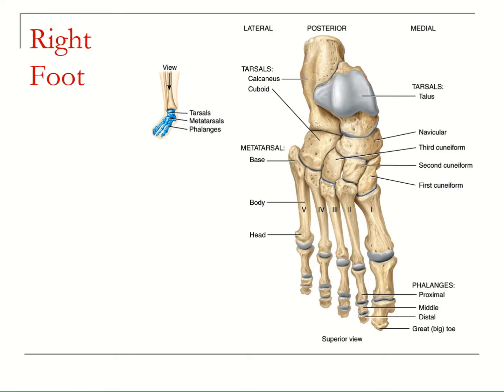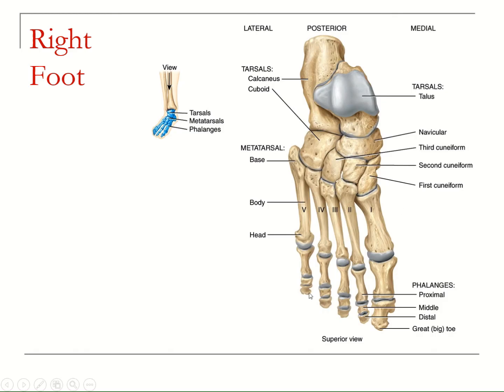So this is your right foot over here, comprising the tarsals, metatarsals, and your phalanges. These are the different bones that comprise your tarsals and metatarsals. So you have your base and head of your metatarsals from medial to lateral, 1, 2, 3, 4, and 5.